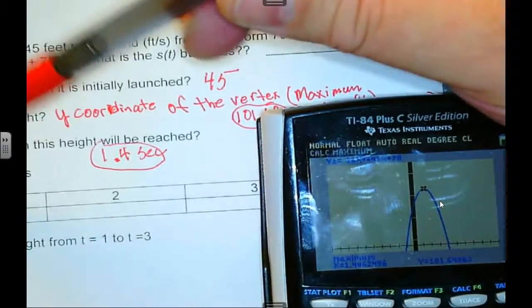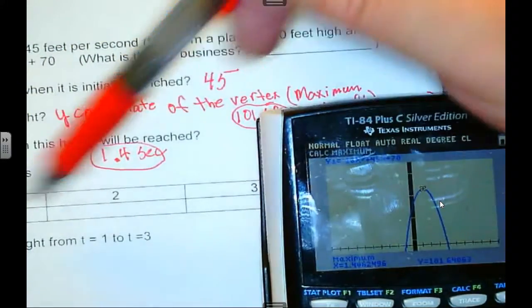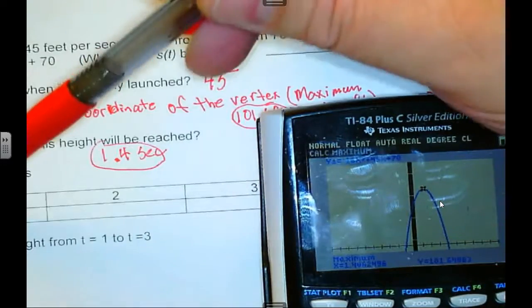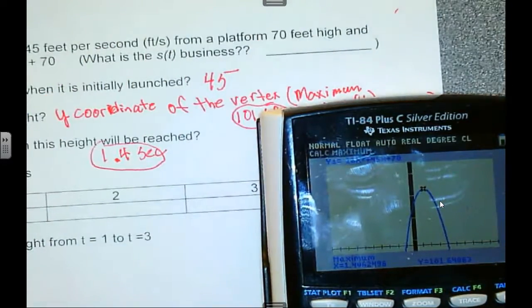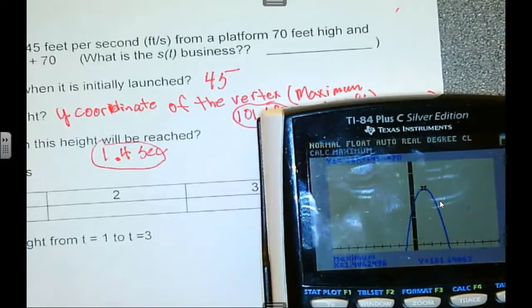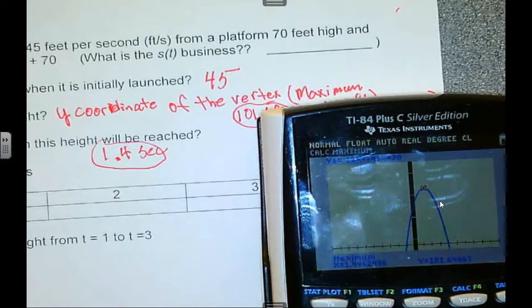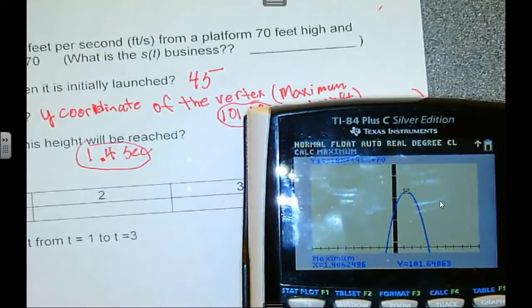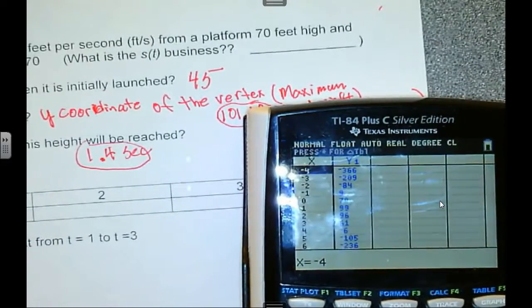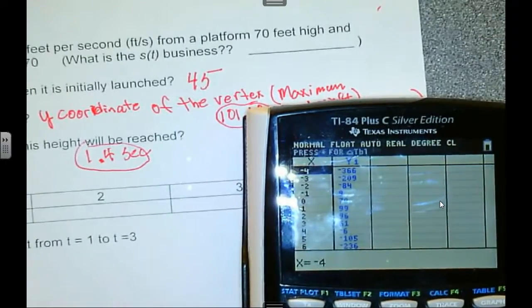Then, on your quizzes and homework, you're going to have to fill out some charts. They're just asking you at different times what your heights are. Okay, so at 1 second, where am I going to get this information? When your x is 1, when your x is 2, when your x is 3, what's your y? At the chart. So hit second, graph, that's my chart. Okay, so they're asking me for the time.